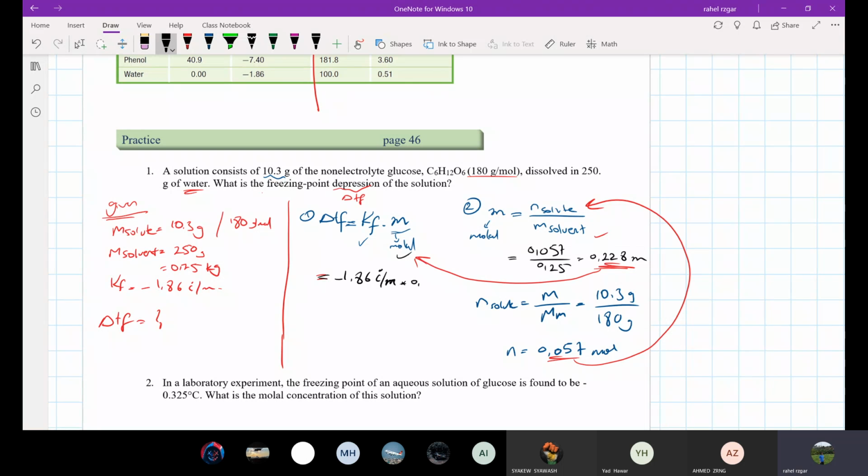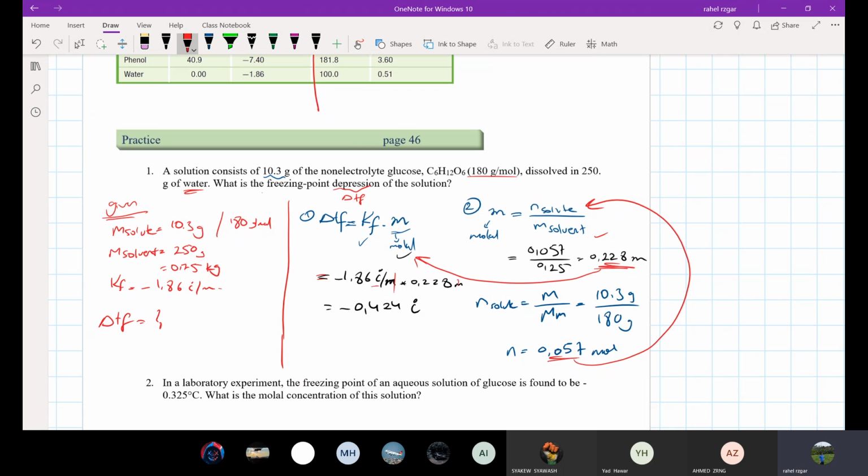What about for 0.228 molal? So 0.228 molal times 1.86, with the minus, is minus 0.424 Celsius, because this is molal.